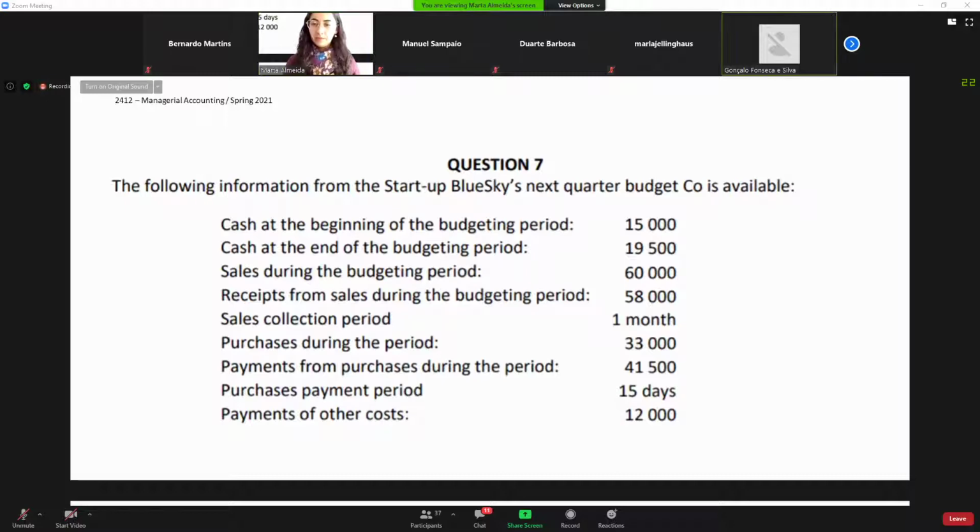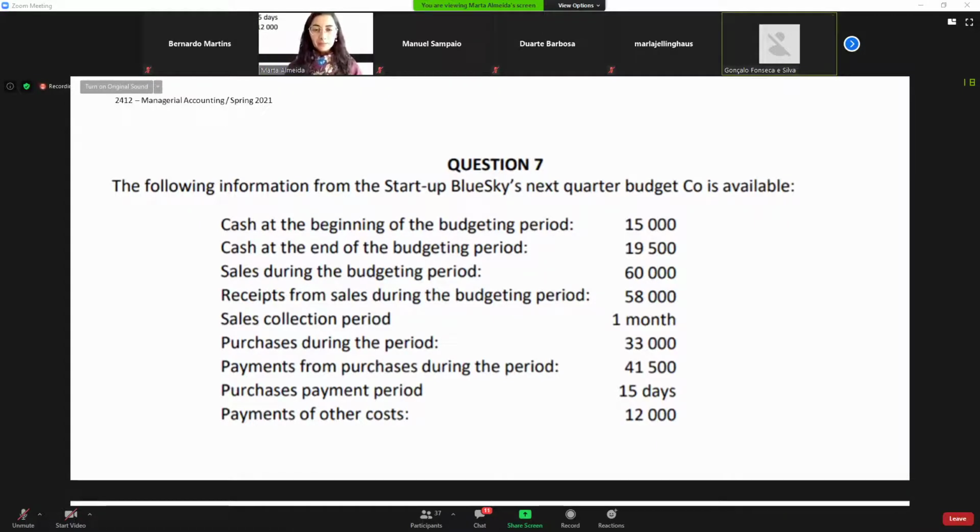So following the same rationale as before, we have that we will purchase 33,000, but in this case it's divided by 6 because it's 2 weeks, the period of payments, right? So we basically have 5,500 per 2 weeks, exactly.